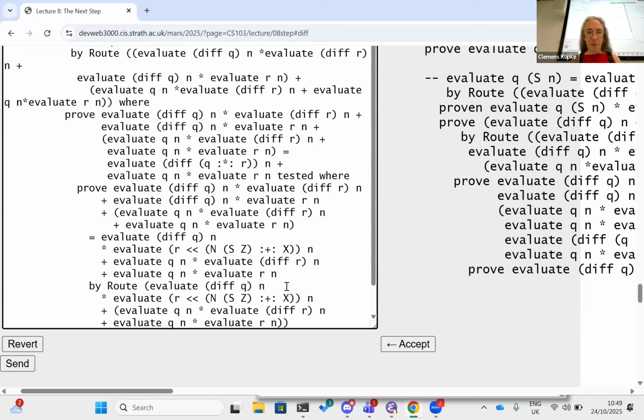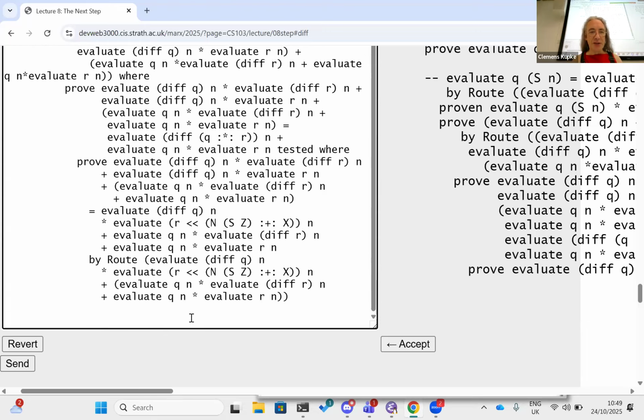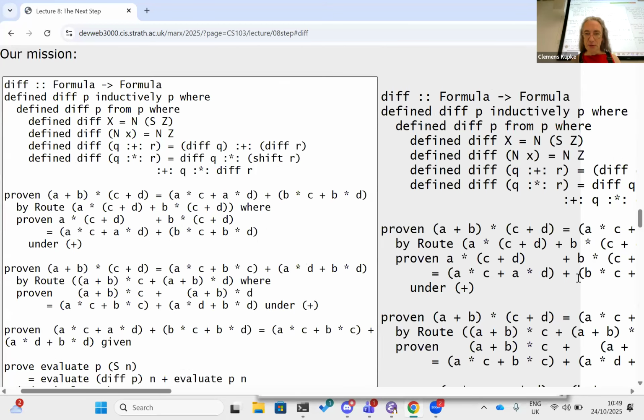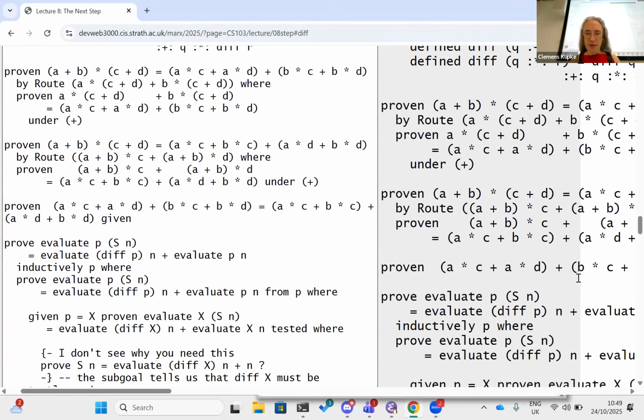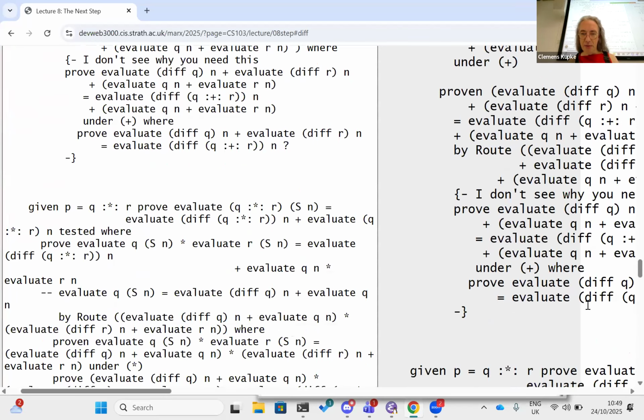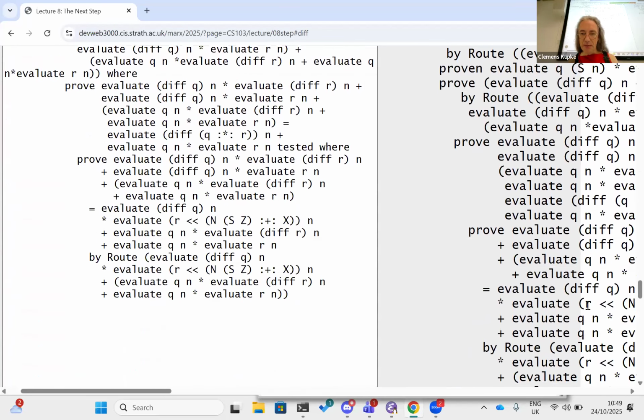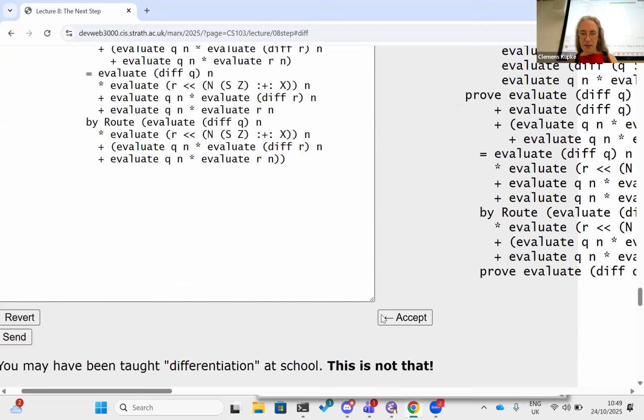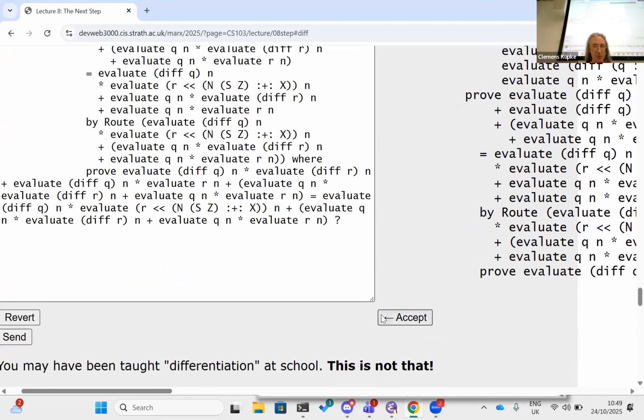And one direction of that should be fine just by associativity, which Ask knows. Yes, one subgoal. That's good. So now what?